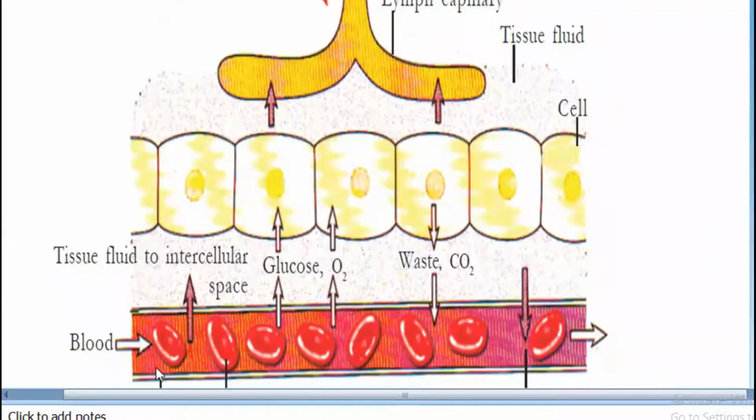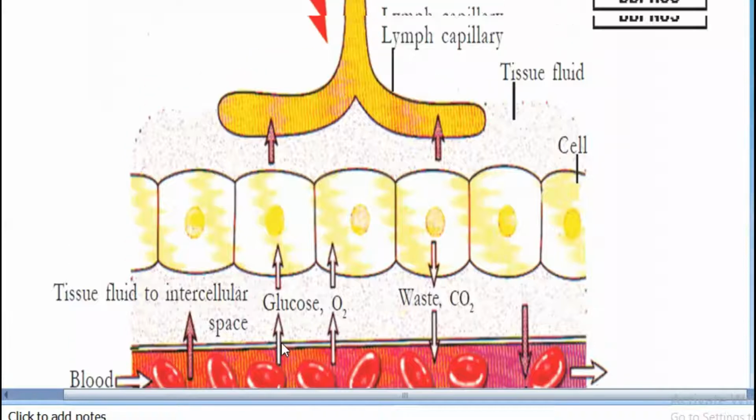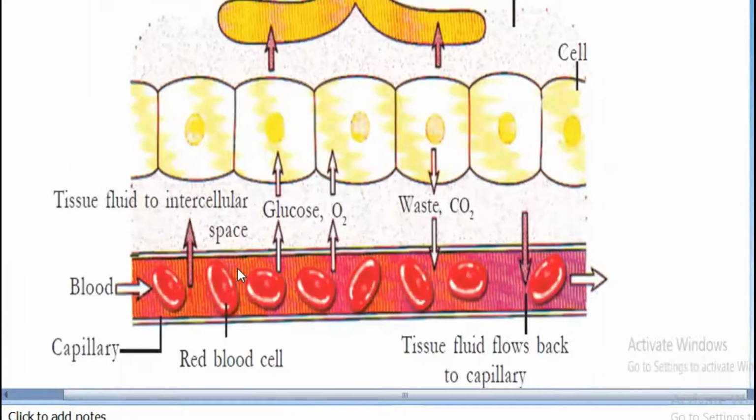So here, when blood flows through the capillaries, some part oozes out into the intercellular spaces. That fluid is known as tissue fluid. We have studied it does not contain RBCs, large protein molecules, and platelets, but it consists of glucose, oxygen, etc. It reaches the cells or is absorbed into the cells.